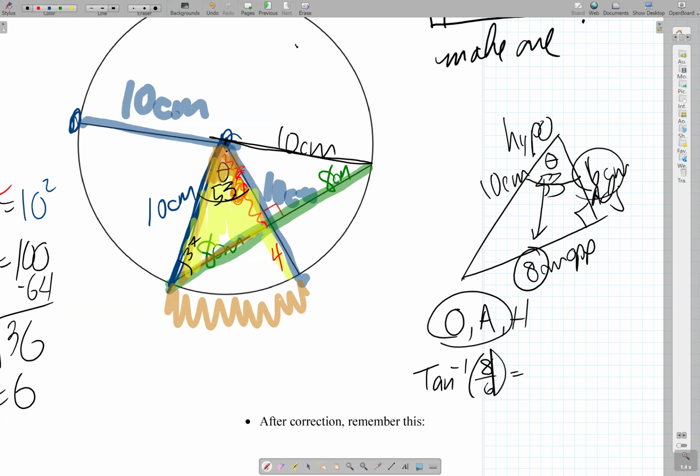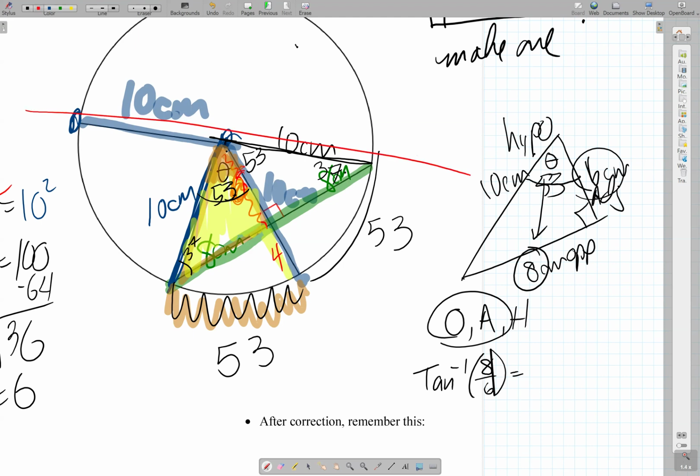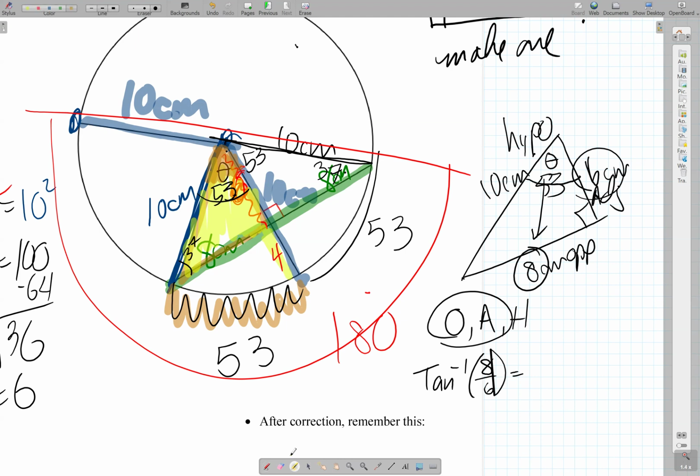Measure of a central angle to its arc the same. This is the same triangle, so this is 53 and this is 37. And if you go like this, that's 180. I've got 106 there, from here to here, 106.